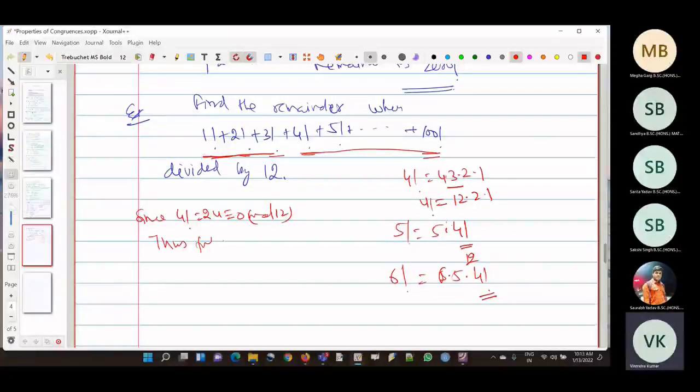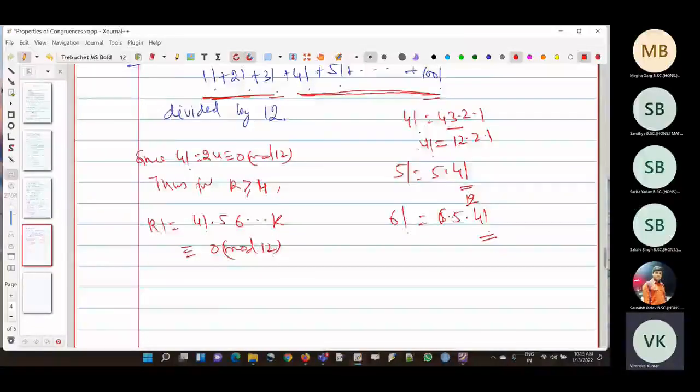So for k greater than or equal to 4, we have k factorial equals 4 factorial times 5 times 6 up to k, and this is congruent to 0 modulo 12 when we reduce it modulo 12. So everything starting from 4 factorial until 100 factorial will become 0.